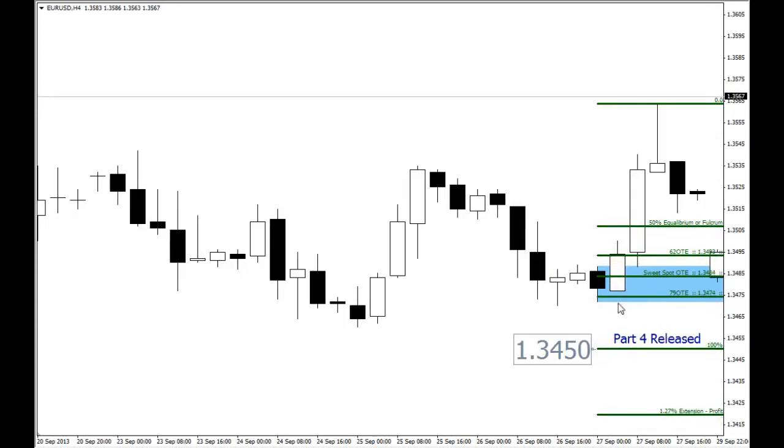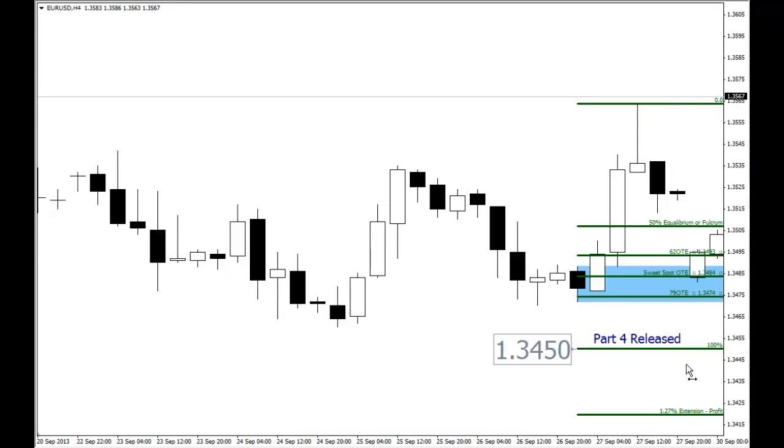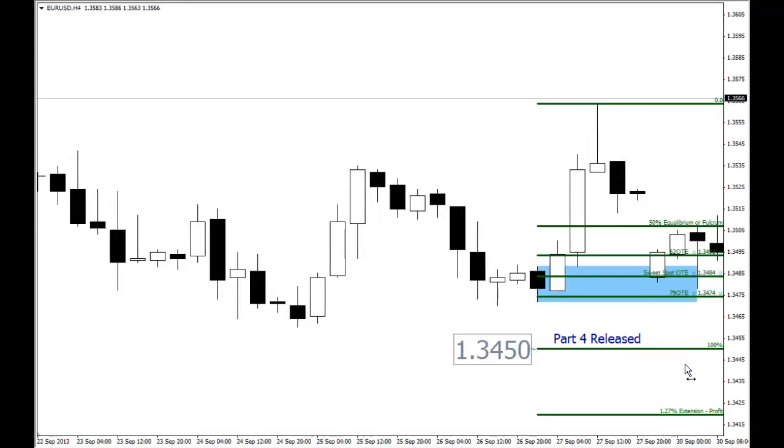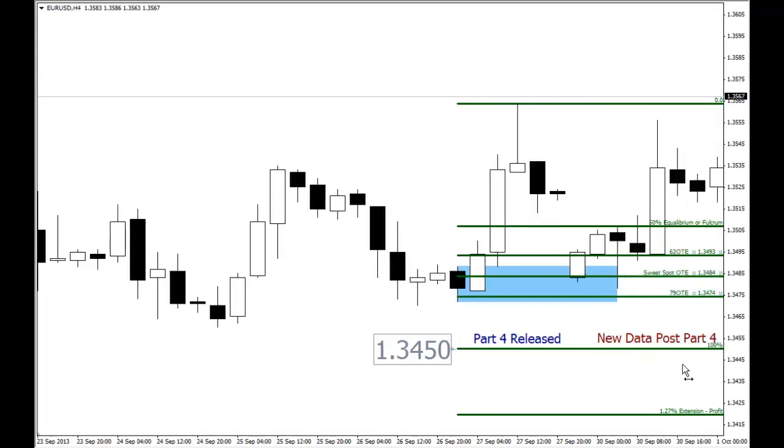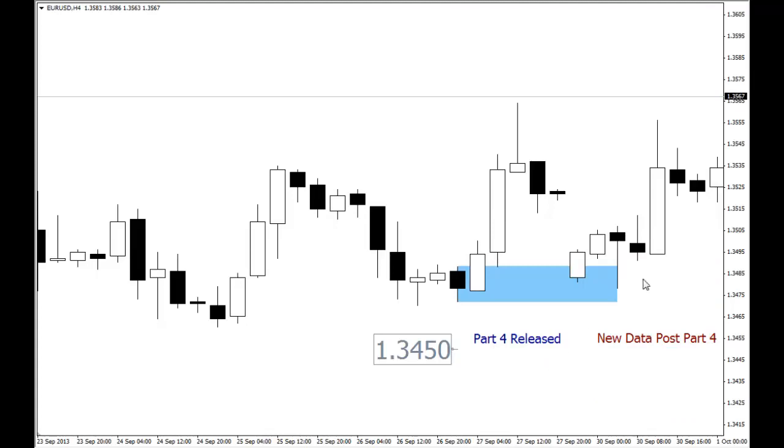And we have price moving within the optimal trade entry, trading right down to that sweet spot. Price trades up. Okay, and so we have one optimal trade entry in here.